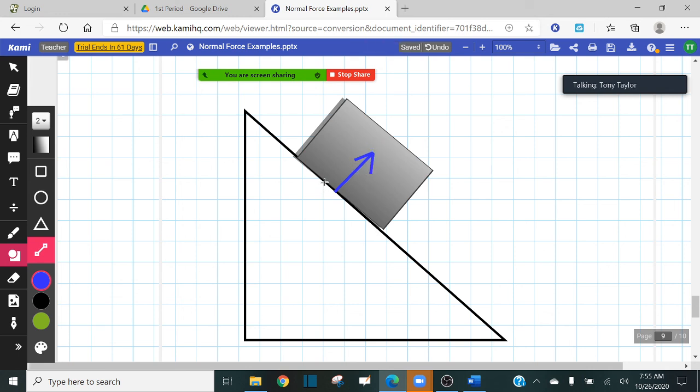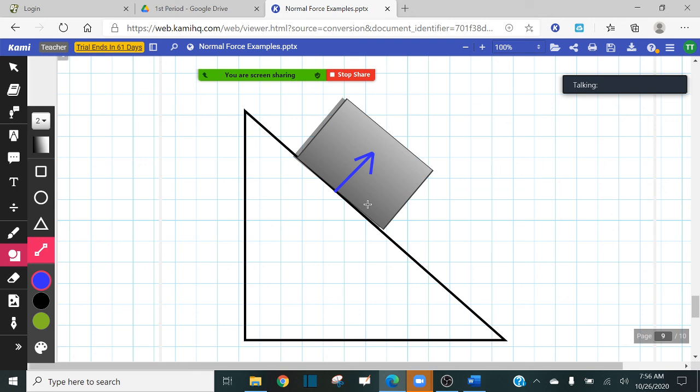Because the normal force is always perpendicular to the surface of contact. If this is your surface of contact, and the normal force points in this direction, it points 90 degrees relative to this surface. So you always get a normal force whenever you have two objects that are touching one another, and one object presses against the other object.